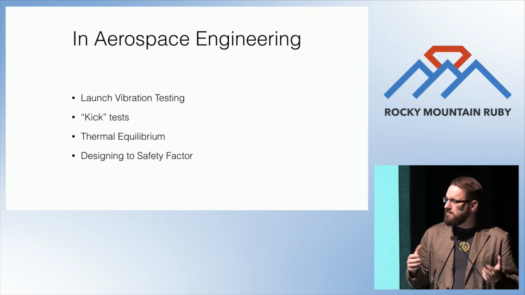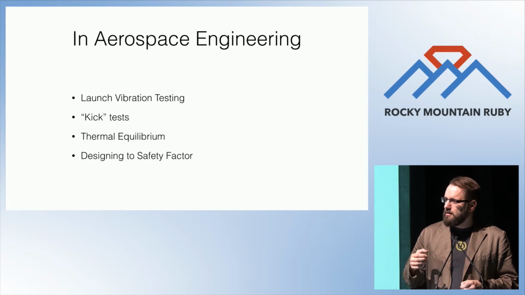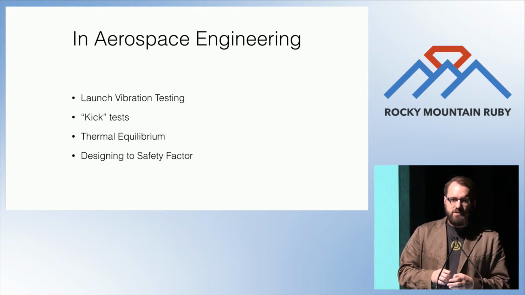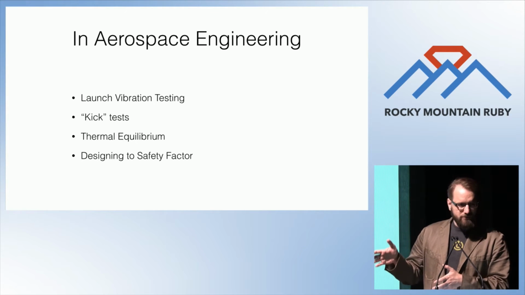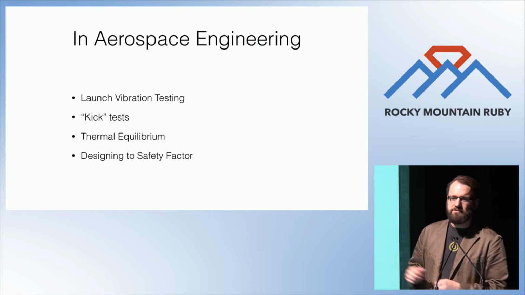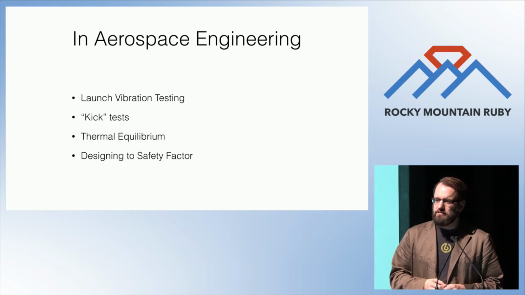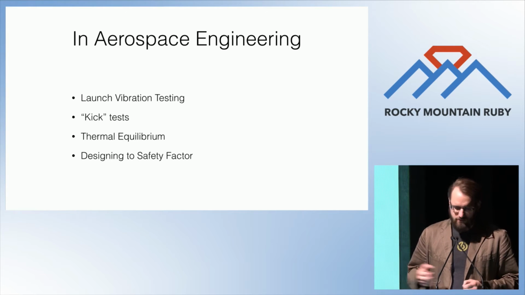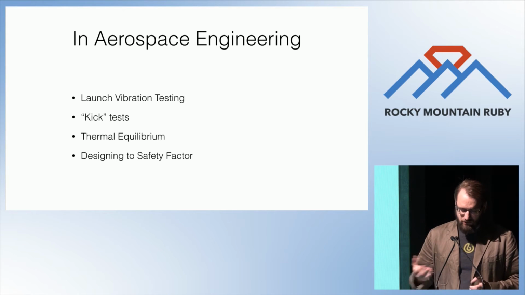And so you're experiencing all these various vibrations. And the rocket designers have actually come up with spectra of, if you put something on a rocket, this is what you can expect to feel. And so that's one example of a situation where we need to do some simulations.